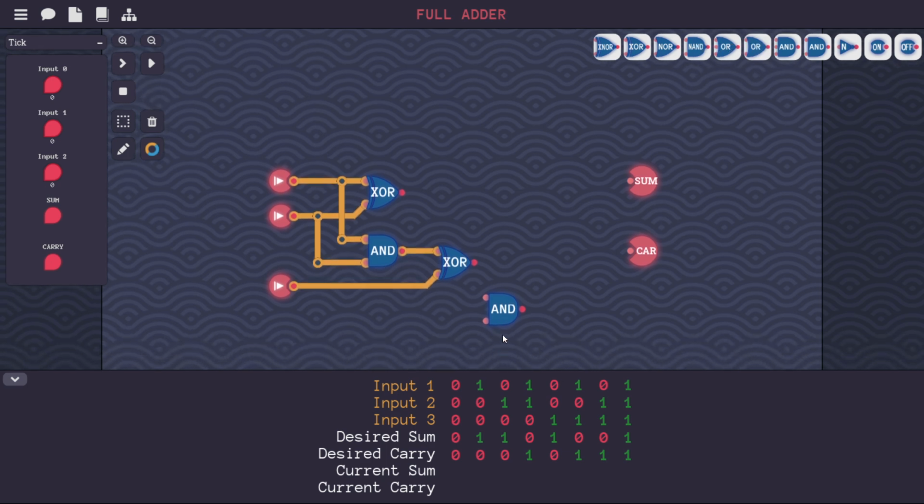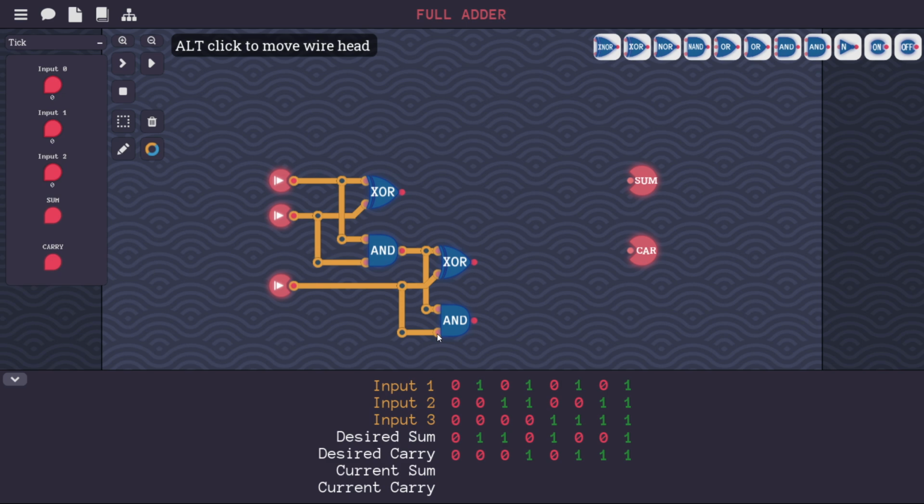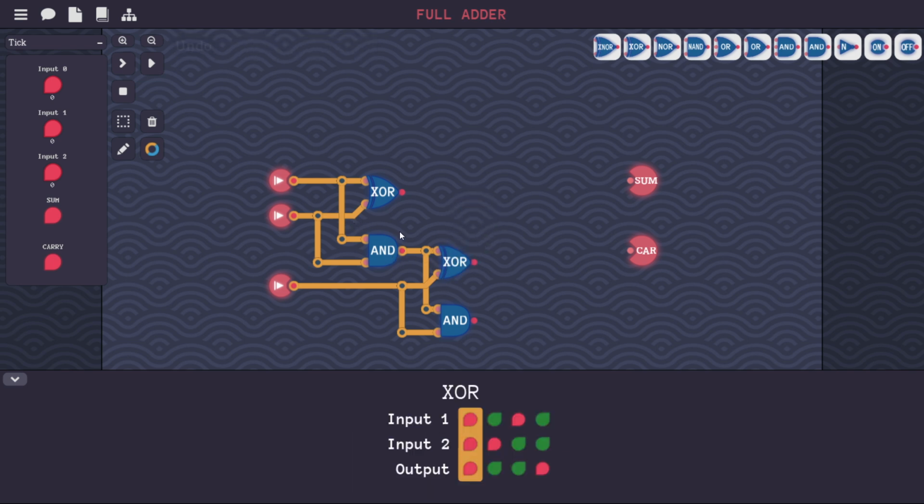I'm not really sure. Or instead of doing this, the XOR is able to do the maths. So let's just try and undo.